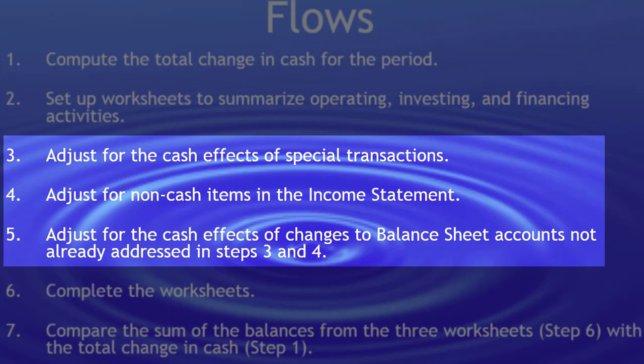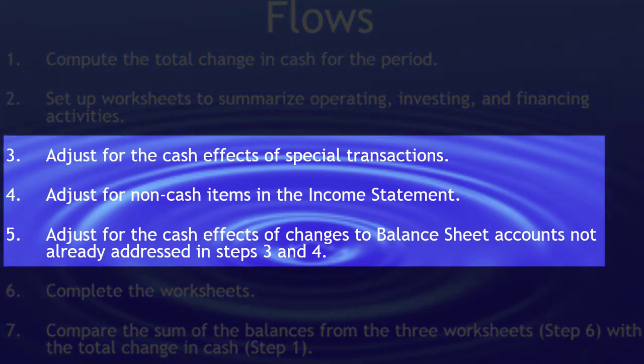Unfortunately, with our example, we're still going to have to just assume some things. In reality, if we found something we thought was cash, we'd go back to the journal entries and make sure it was really a cash effect. So that's one difference between what we get to do and what a real company would do. But these 3 steps are the key to everything that we're doing with the statement of cash flows. They're very different from what we've done in the past. In the past, we've just done step 5 and just assumed any changes in the balance sheet accounts were caused by cash.